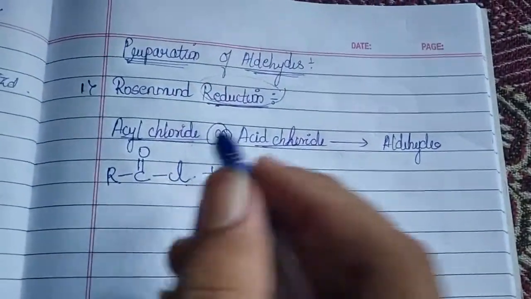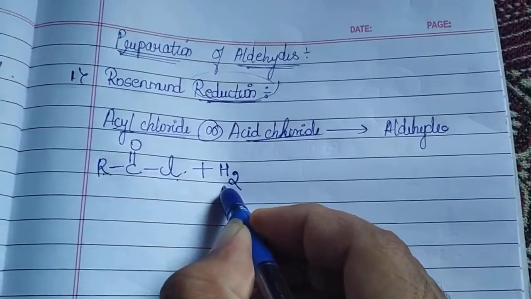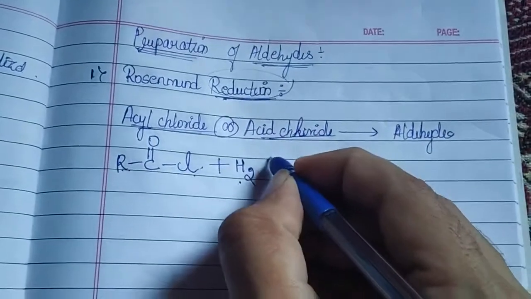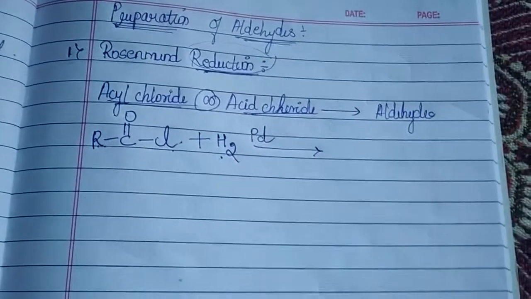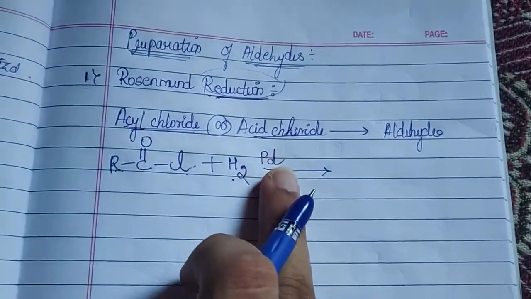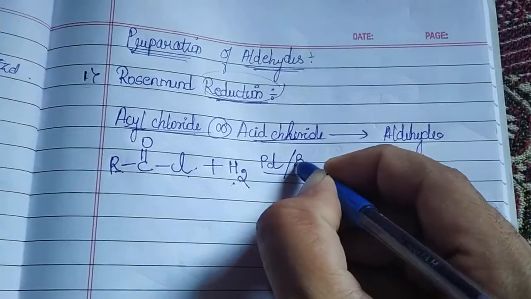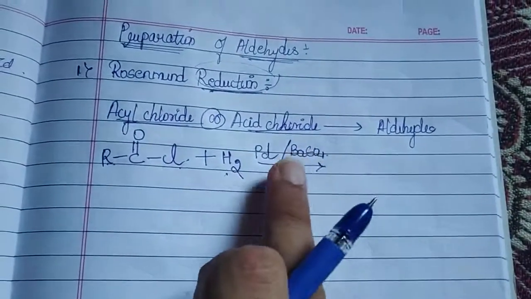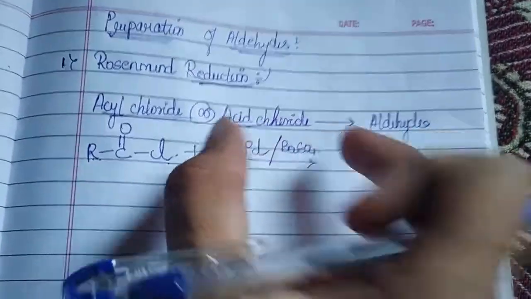So when acyl chloride is heated with hydrogen, this is very much important, in the presence of palladium catalyst, Pd, which is supported over barium sulfate, do remember this.